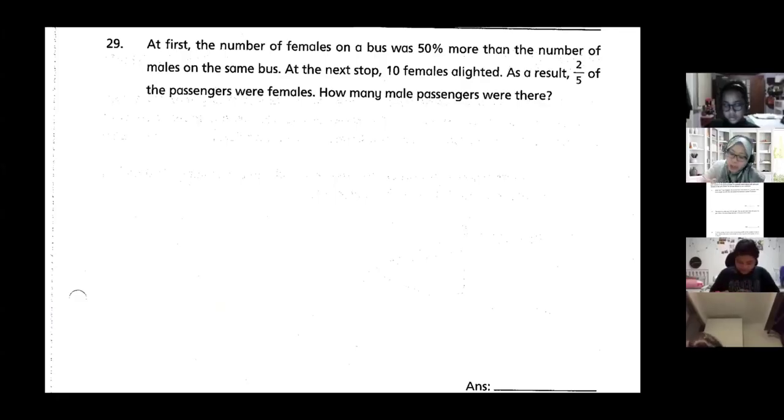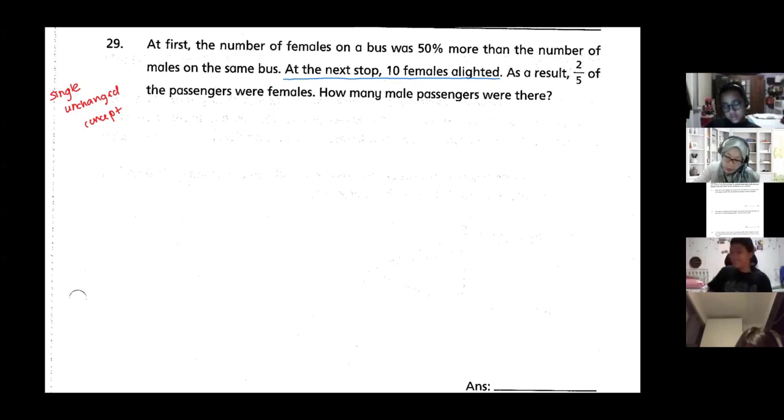Okay, for this question, this is actually a single unchanged concept. I will tell you why. It is because of this keyword, or the phrase here: at the next stop, 10 females alighted.